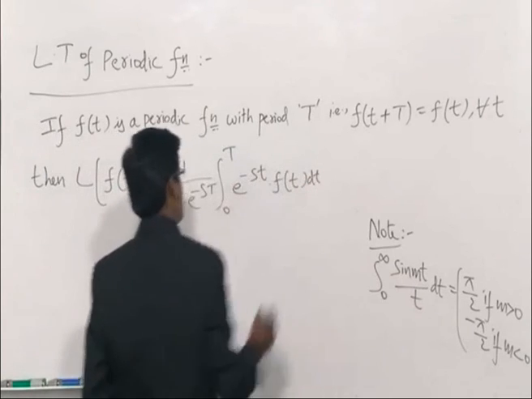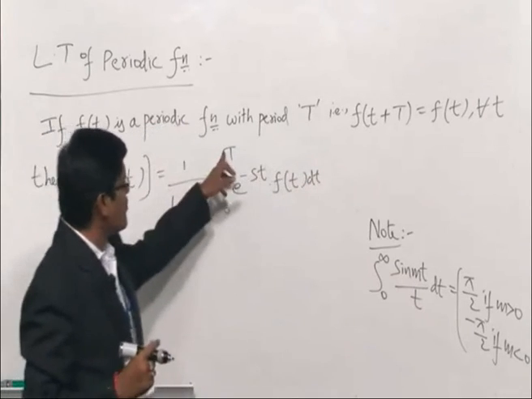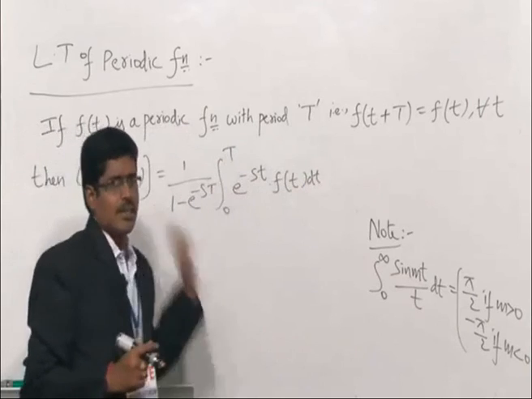It looks like the procedure of Laplace of a function. Instead of infinity it is capital T, with the pre-multiplication as the extra term only.